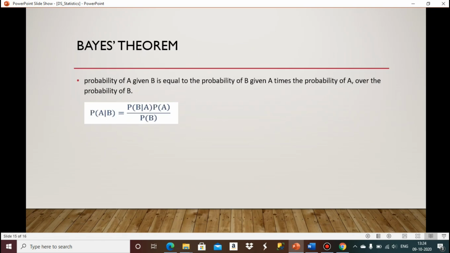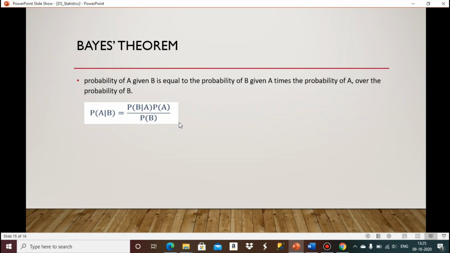Now, based on this conditional probability, there is Bayes theorem. What does Bayes theorem say? It says that the probability of event A given B is equal to the probability of B given A times the probability of A, over the probability of B. This statement can be described with this syntax: P(A|B) equals P(B|A) multiplied by P(A) and divided by P(B).